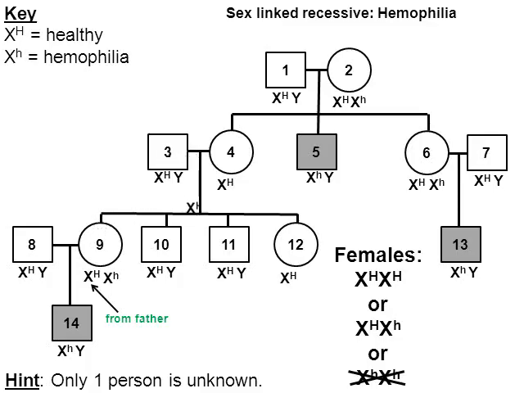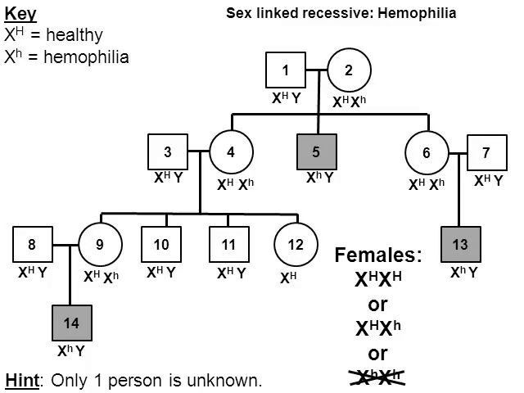So if she got the X with the capital H from the dad, that means she got the other X chromosome with the lowercase h from her mother. So person number 9 has an X with a lowercase h. She didn't get it from the dad because dad doesn't have a lowercase h. Clearly, woman number 9 got the X chromosome with the lowercase h from her mother. So there we go. We've just figured out woman number 4. Woman number 4 has to be heterozygous.